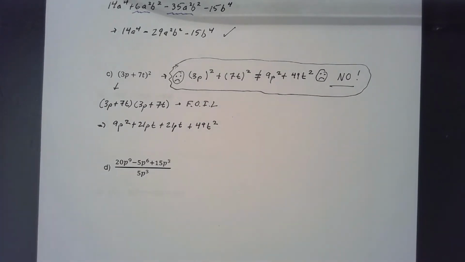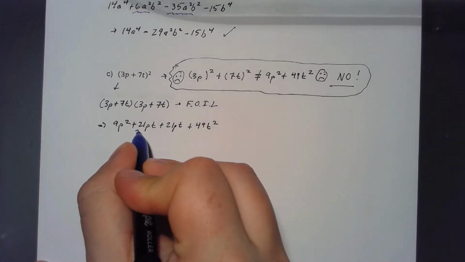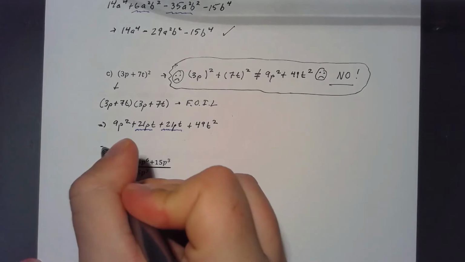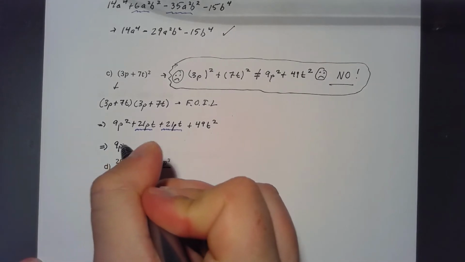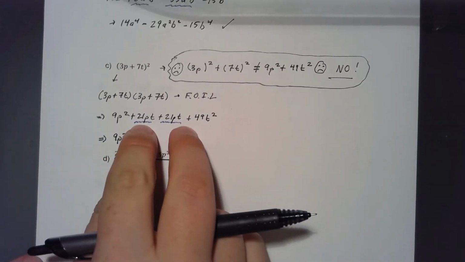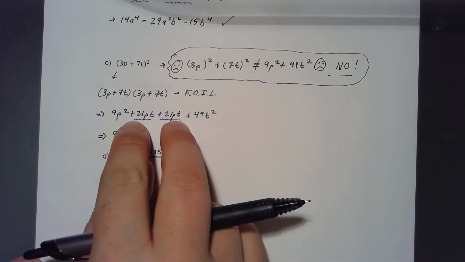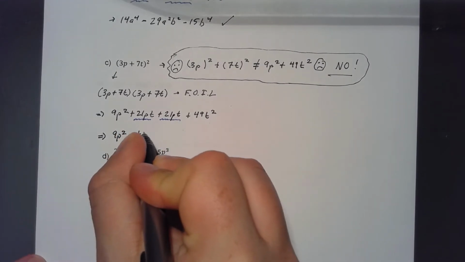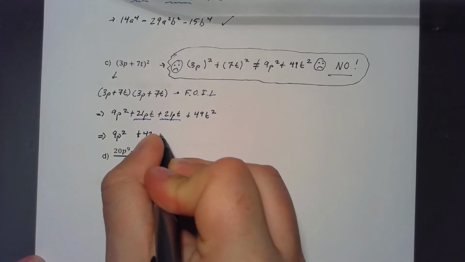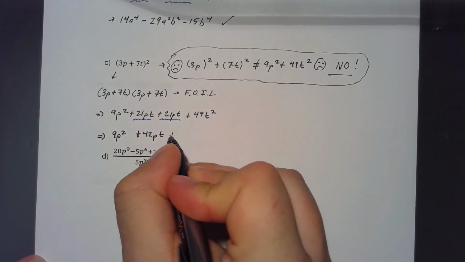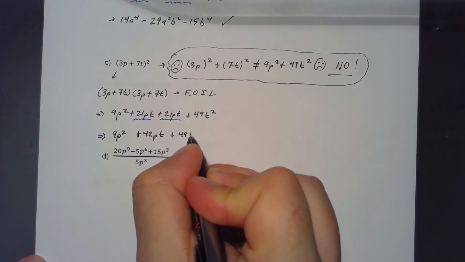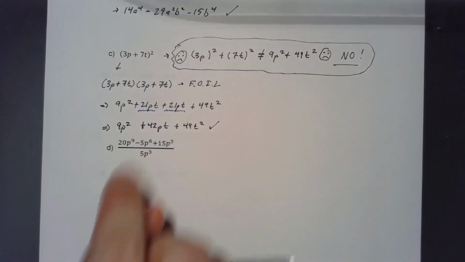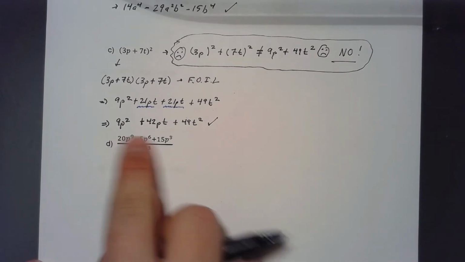Now I can combine the two middle terms: 21 plus 21 is 42pt. So 9p squared plus 42pt plus 49t squared is the correct product.